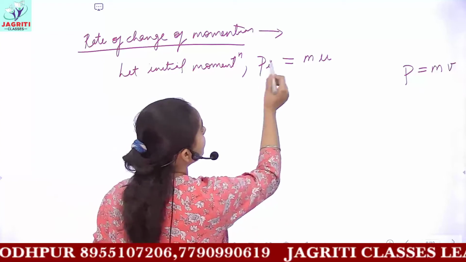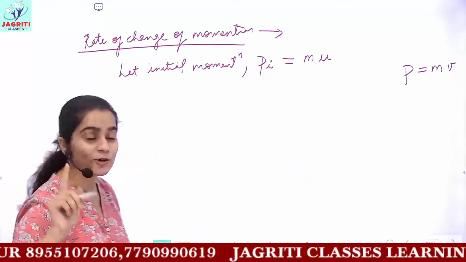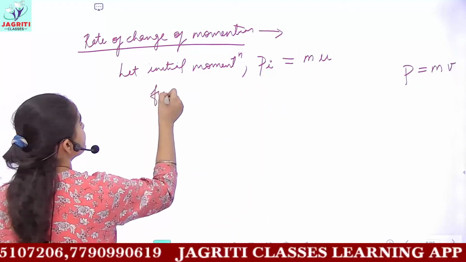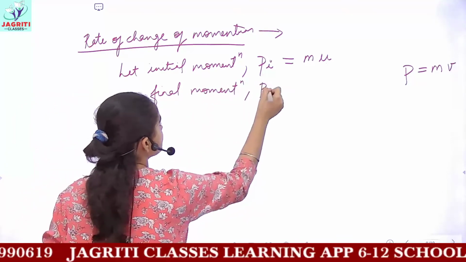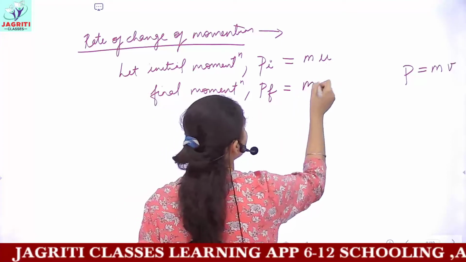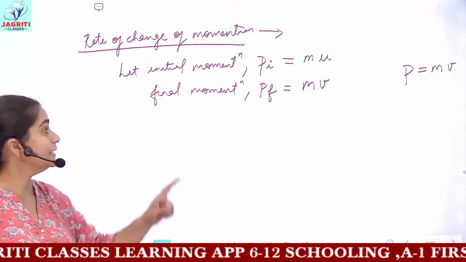So initial momentum would be mass multiplied by initial velocity u. Then the final momentum of the object, that is P final, would be mass of the object multiplied by final velocity v.